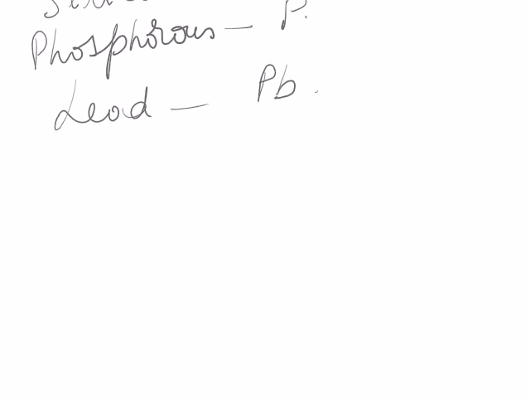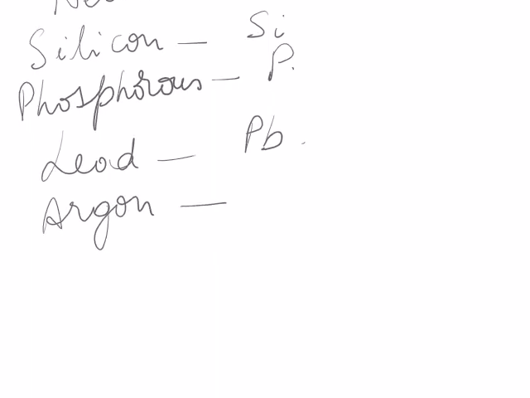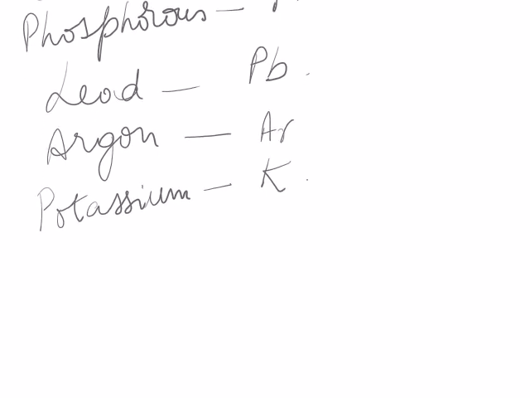Then sulfur, I have already given S. Then you have argon, Ar, potassium, K, calcium, I have already given you Ca. Calcium is very much needed for our bones, isn't it?